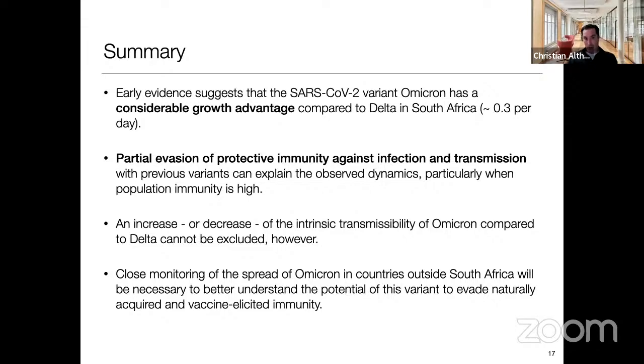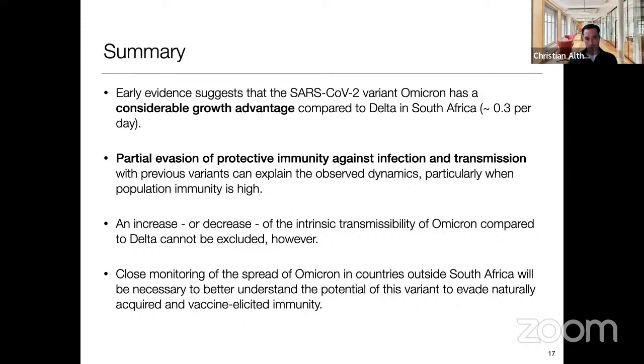A partial immune evasion of protective immunity against infection and subsequent transmission with previous variants can explain the observed dynamics, particularly when population immunity is high, and that is the case in many areas in South Africa and other areas of the world. But an increase or decrease of the intrinsic transmissibility of Omicron compared to Delta can still not be excluded either.